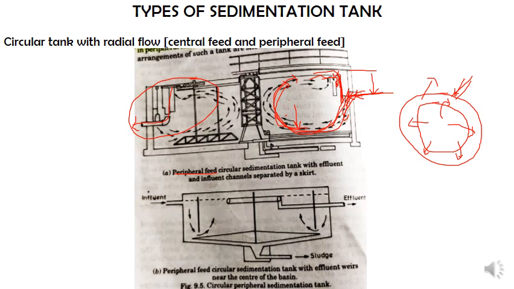Now similarly, the second one is peripheral feed, but the effluent weirs are at the center of the basin. So here what is happening? Same procedure. The influent is coming from the sides. We have a baffle. It will make sure that the water goes down first, then rises up, and once it is rising up, in the center we have these effluent channels.